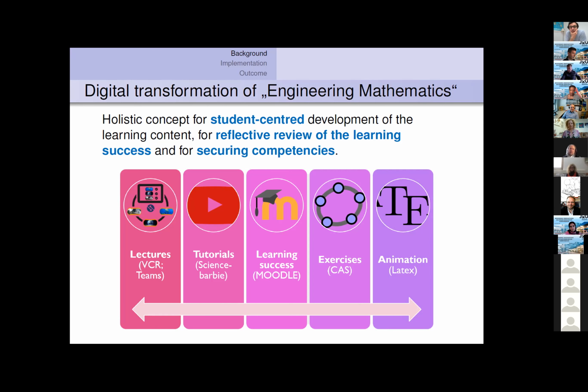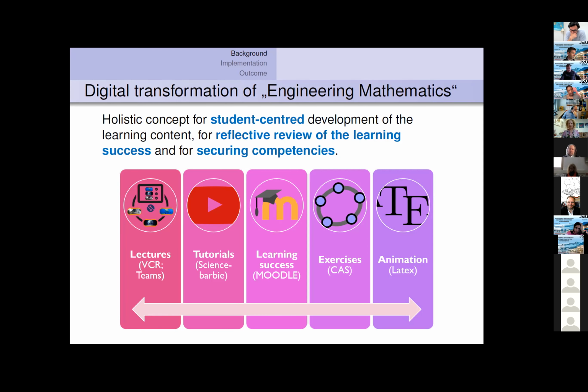So we developed a holistic concept for a student-centered development of the learning content, for a reflective review of their learning success, and for also securing competences. And the entire digital transformation is based on more or less 5 different digital and online tools. So we have the lectures in the virtual classroom, Microsoft Teams.